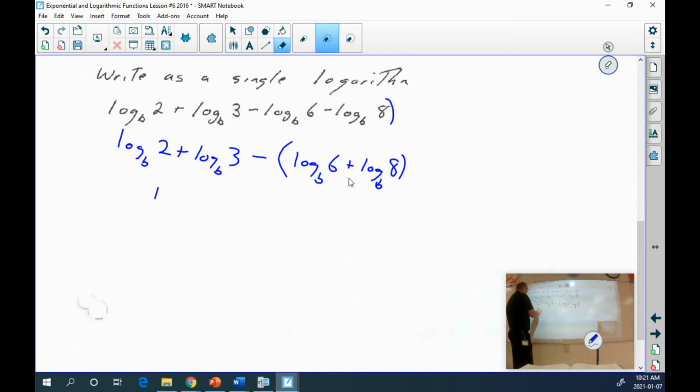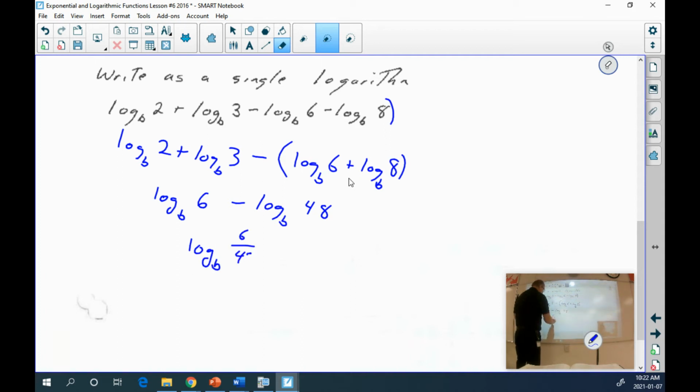We have log base b of 6, product of 2 times 3, minus the log base b of 48. Now we have the difference of 2 logarithms. That can be written as the logarithm of the quotient of the 2 arguments, which we can simplify the fraction down to 1/8.